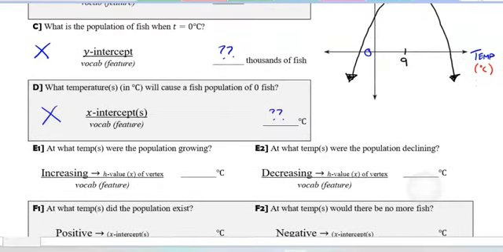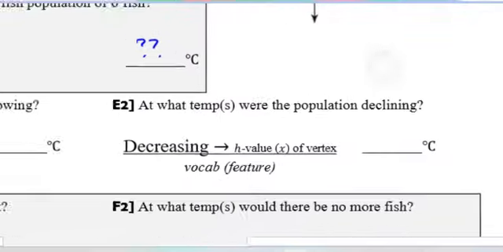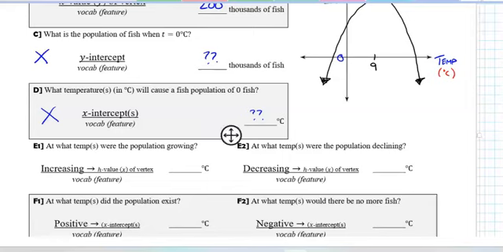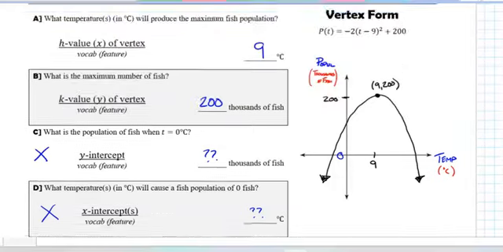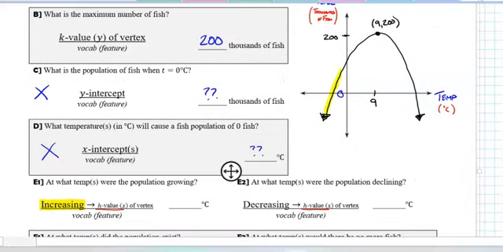What about where the population is growing and where is the population declining, or key phrases increasing and decreasing on our graph? Well, in order to determine whether increasing and decreasing occurs, we need to know the h value, or the x-coordinate of the vertex, which we have found up in part A. We can see the graph is increasing on this portion and decreasing on this portion.